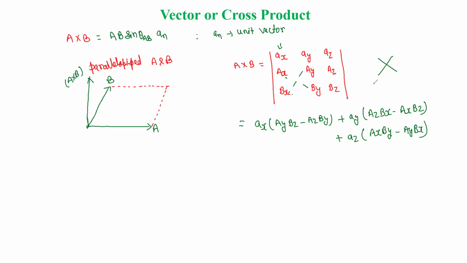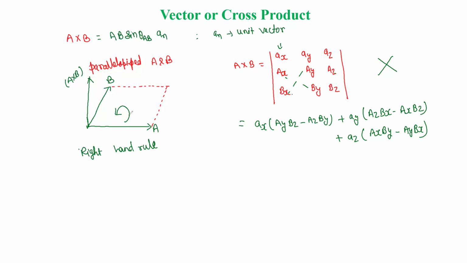Now the direction of these two vectors we can find by using the right hand thumb rule. The right hand thumb rule means we fold all the fingers of the right hand except the thumb, so that the folding moves from A to B. For example, you fold your fingers in this way.